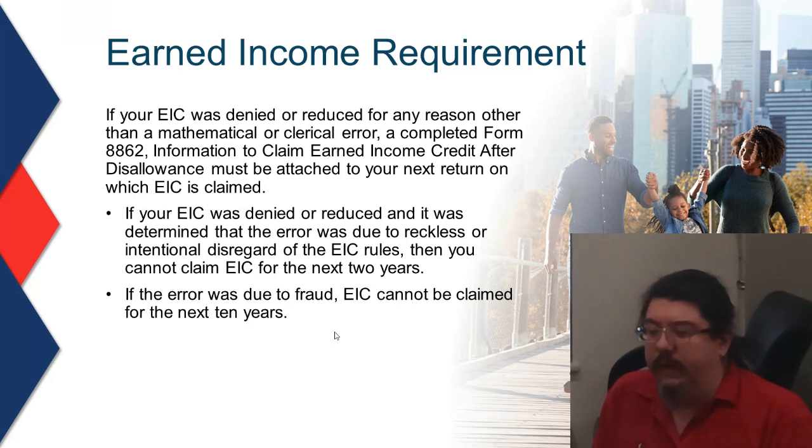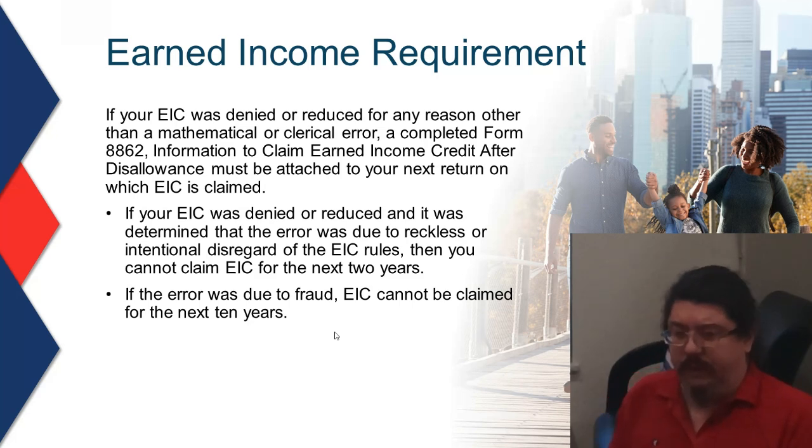I've had an example where someone did their own taxes and they didn't know the difference between a 1099 for unemployment and a W-2 for regular income, and they just put it all on the same line. And IRS said, well, no, unemployment's not earned income, so you can't claim that credit. And so then you have to fill out 8862 because that ended up being reduced.